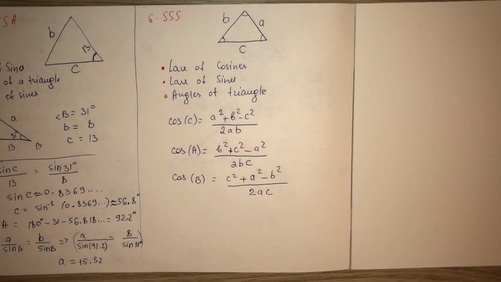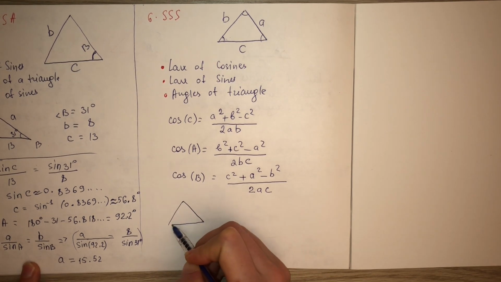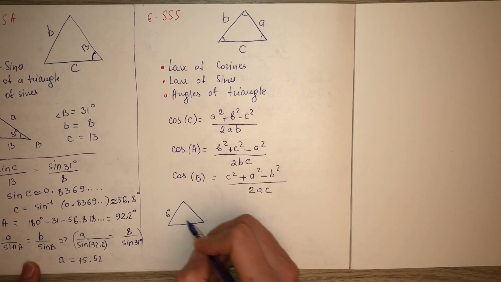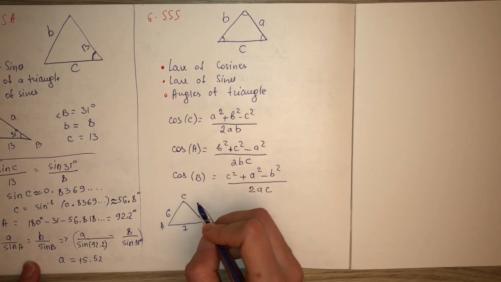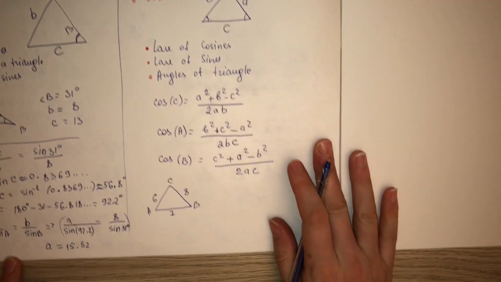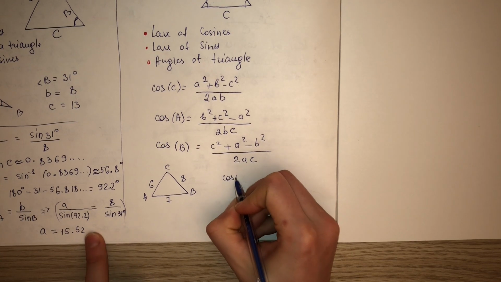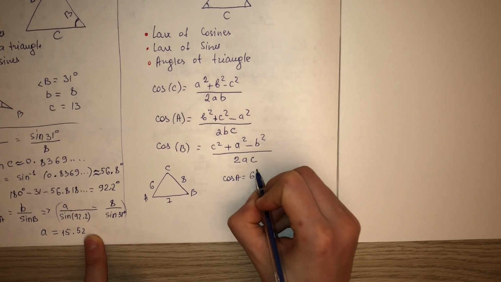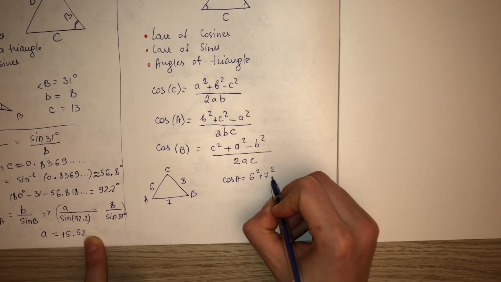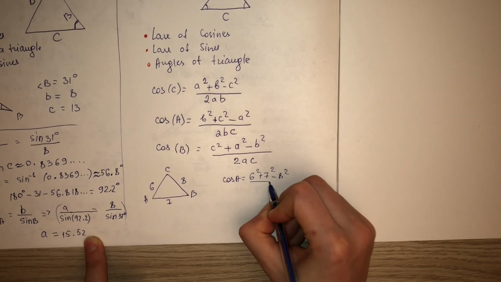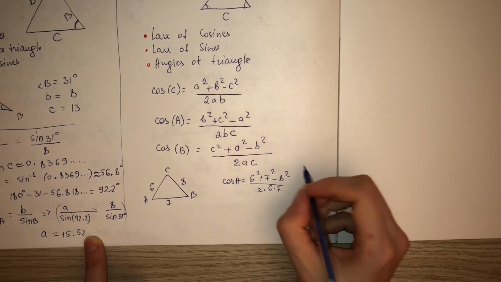And here is our example. Let the sides be 6, 8, and 7. So here, cosine A will be 6 squared plus 7 squared minus 8 squared divided by 2 times 6 times 7.